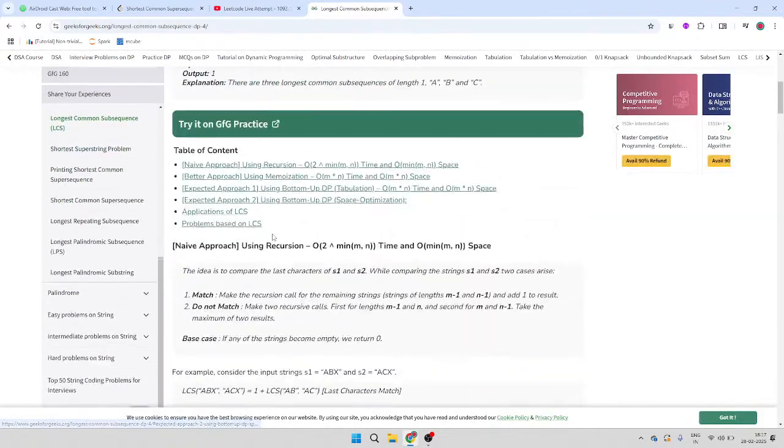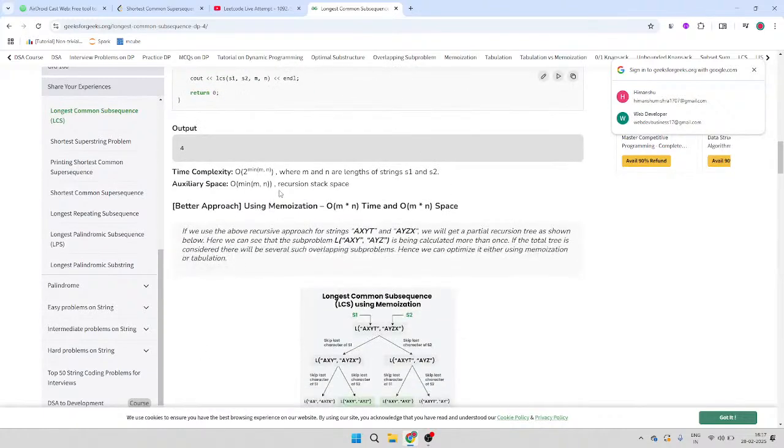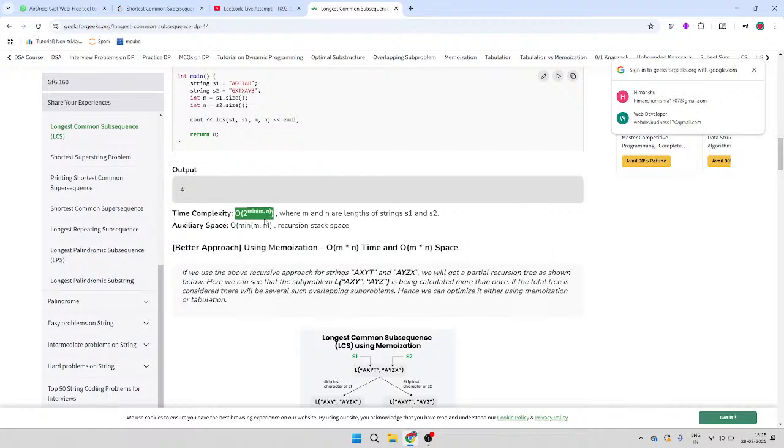So what is the time complexity of it? What do you mean? The time complexity is 2 to the power m, like 2 to the power 10 to the power 3.